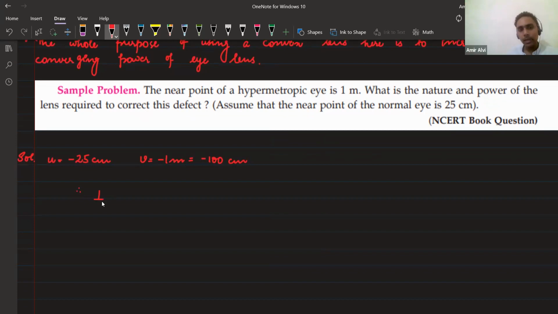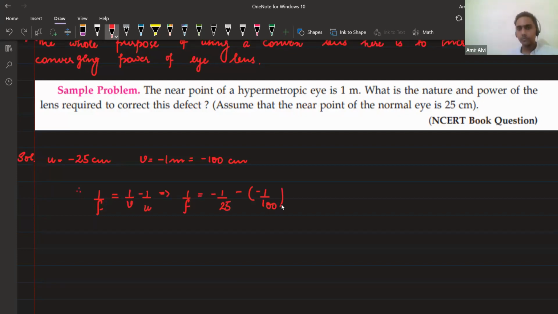Okay, so 1 by f equals 1 by v minus 1 by u. So 1 by f, which we have to find, is equal to minus of 1 by 25 minus of negative 1 by 100.